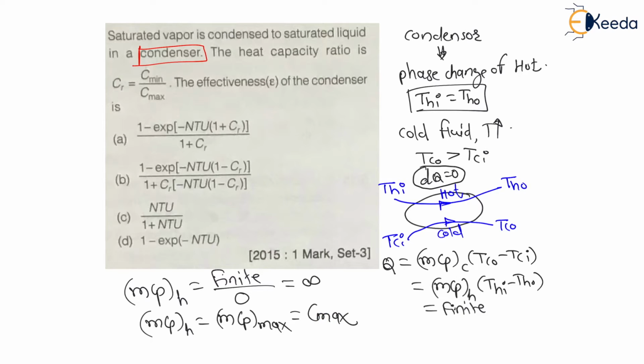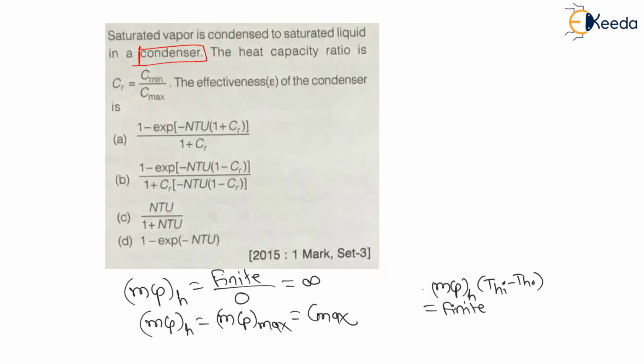Therefore, my dear students, the mCp product will be maximum for hot fluid in case of condenser, right, which is infinite. So the minimum will definitely be for cold fluid, right? Therefore, we can say C minimum will be mCp of cold fluid.